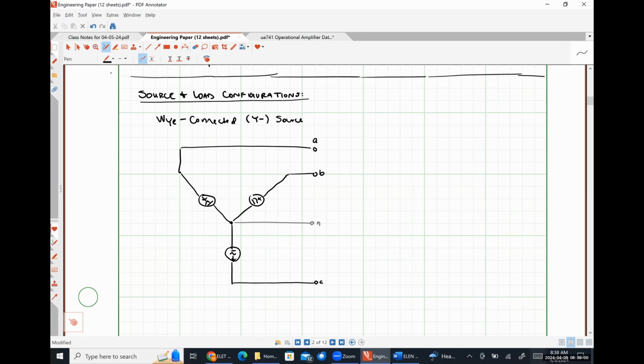Now, if you know that your system is fully balanced or extremely close to fully balanced, so you don't really have to worry about overtaxing or overheating your conductors, you don't need a neutral at all. Also, as we'll see in a couple of moments, when you have a delta configured source or load, there is literally not a place to put a neutral conductor in. So a neutral conductor only physically exists when we have a Y connected system, which will not always be the case.